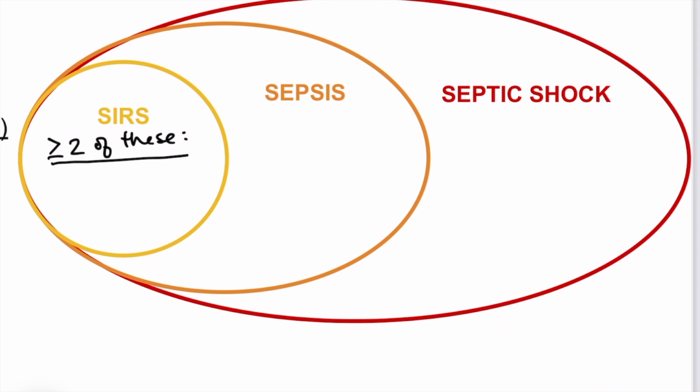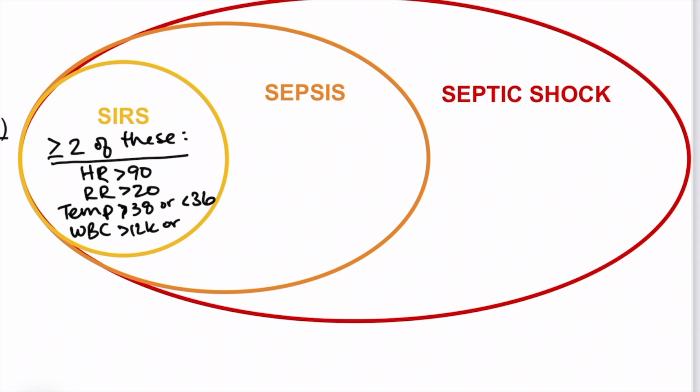These are vital abnormalities such as tachycardia, tachypnea, temperature abnormalities, which can be too high or too low, as well as white blood cell count abnormalities, which can also be too high or too low.